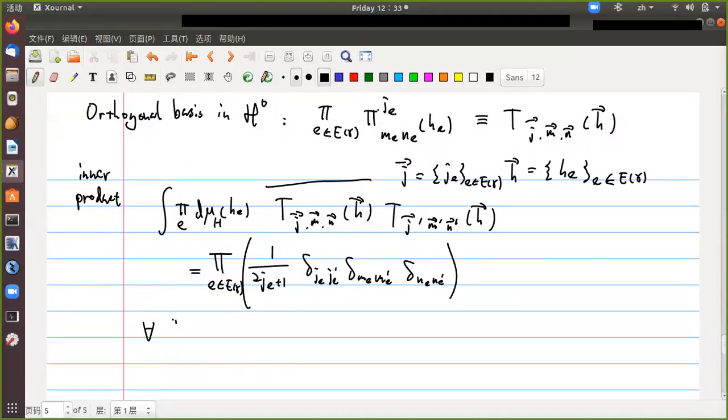And again, similarly, any wave function belonging to this large Hilbert space, as a function of all holonomies, is a linear combination of those bases: a sum over all J, M, and N of coefficients times the basis functions.